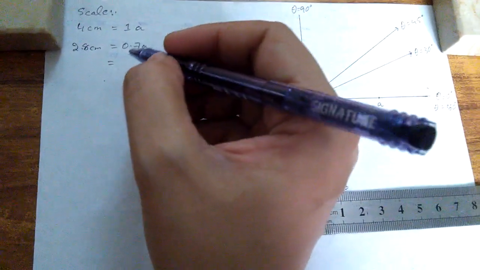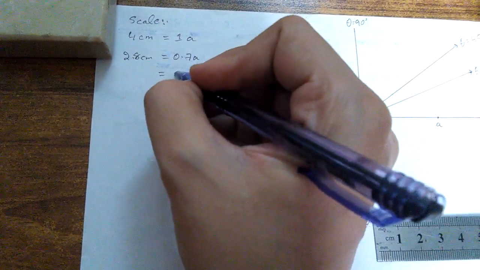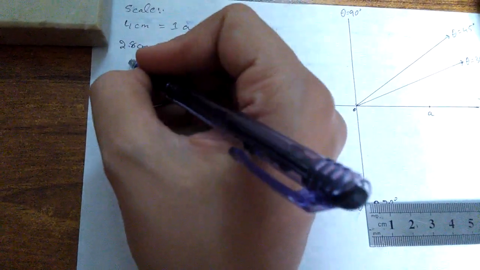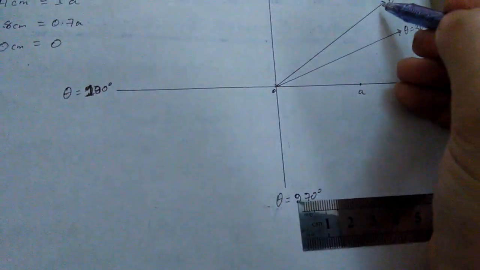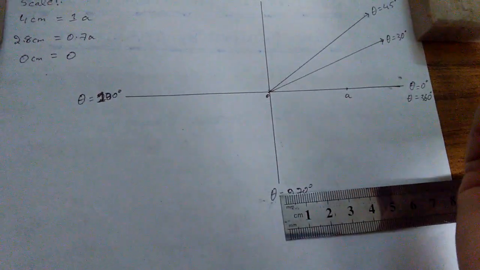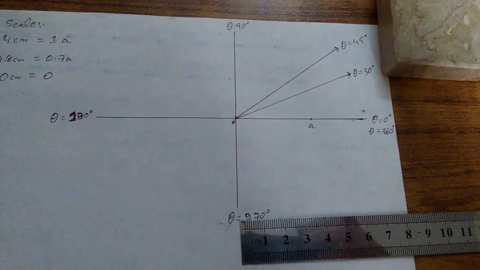Same story over here: when my theta was 45, the value of r was 0. So 0 means it is going to come over here, 0 centimeters. I've multiplied both sides by 0, and 0 gives you 0, nothing else. For this ray, the value of r is 0, so it comes over here. Now let me manage my 2.8 over here.